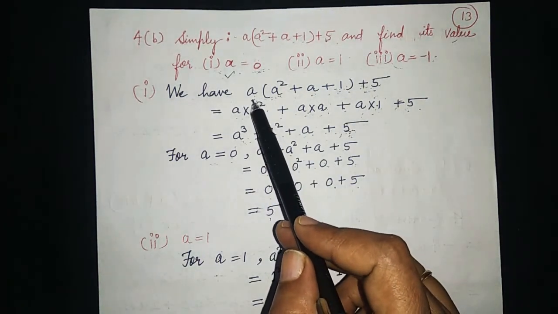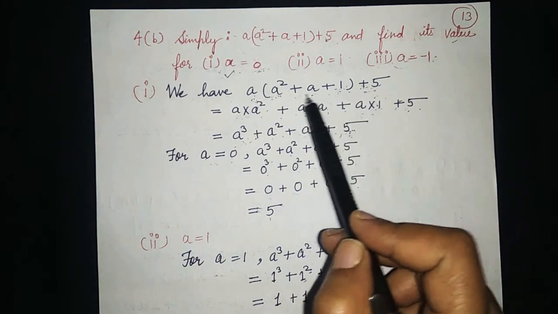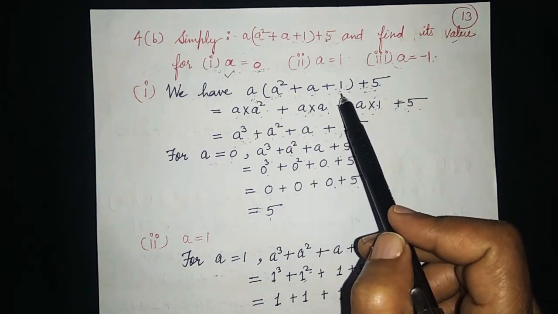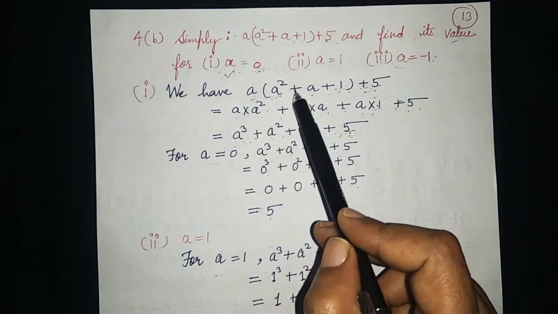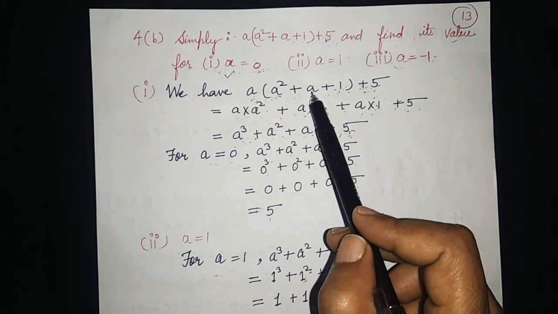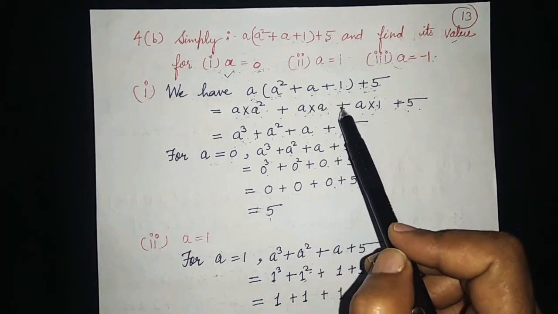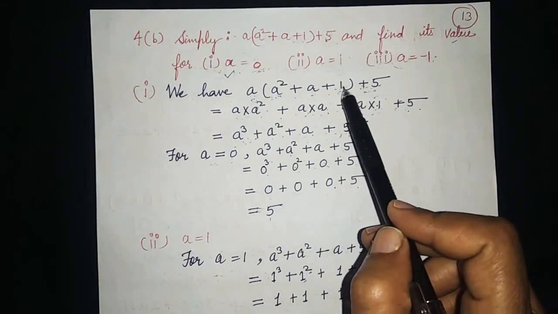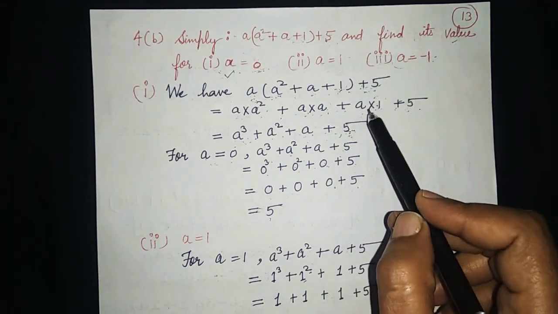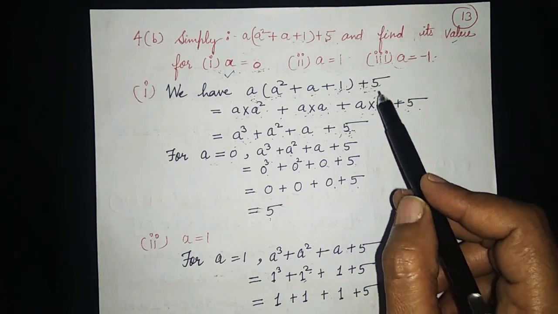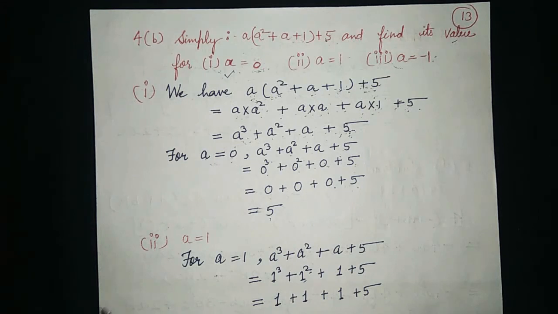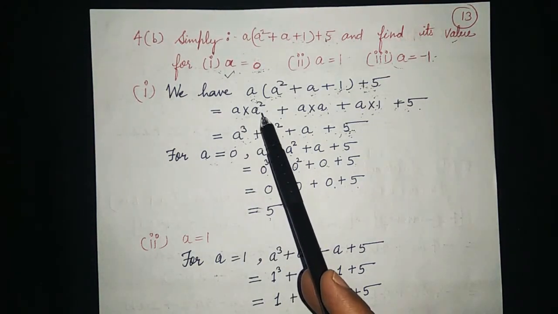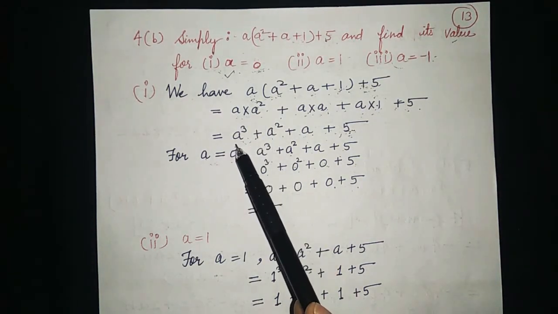Here a we have to multiply with this trinomial. So here a into a square we will write, plus a into a we will write, plus now this a and this 1 we multiply, and here we will get a into 1, and then at last we will write 5. Now a into a square, what will we write here?